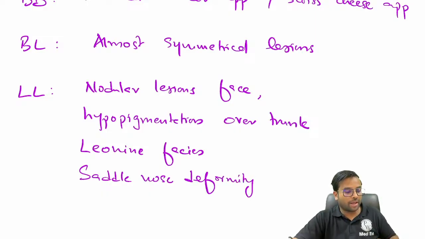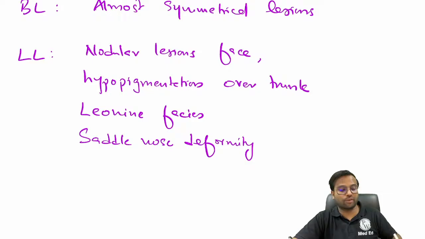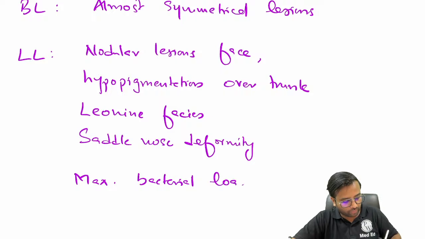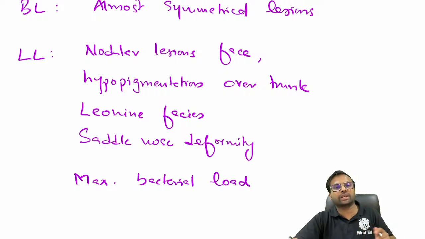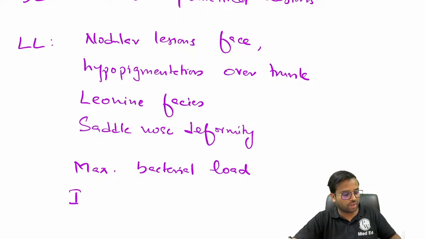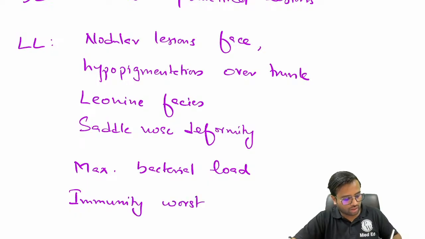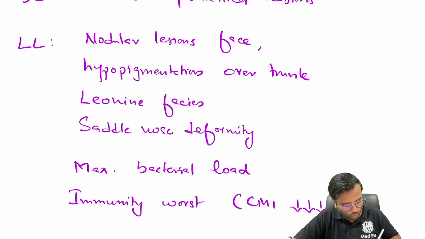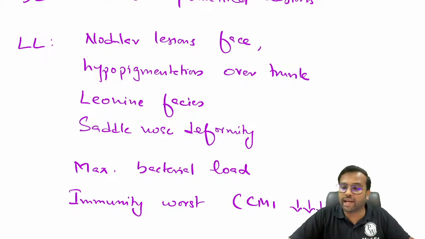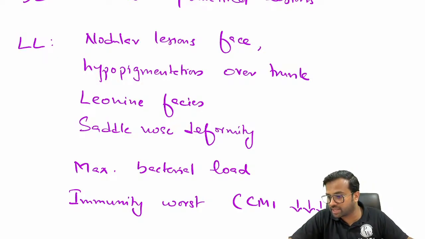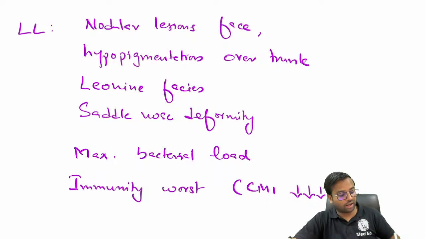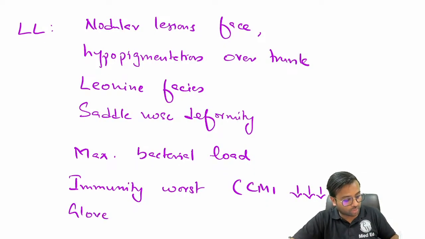And remember, in lepromatous leprosy, we have the maximum bacterial load and the patient immunity is the worst. So the cell mediated immunity is very low when it comes to a patient of lepromatous type of leprosy. Very good. Glove and stocking deformity can also be seen.